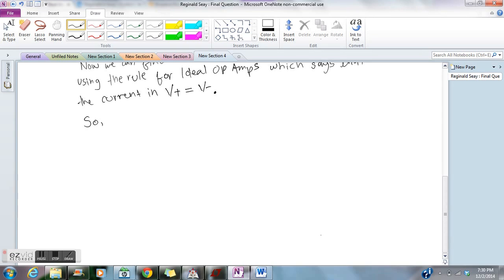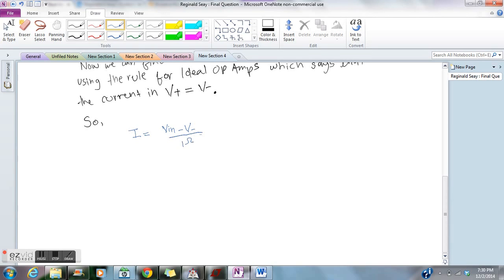Okay, so given that background information, we're going to find our I now, and I'm going to put the current in blue. Our current I is going to equal V in minus V minus over 1 ohm.